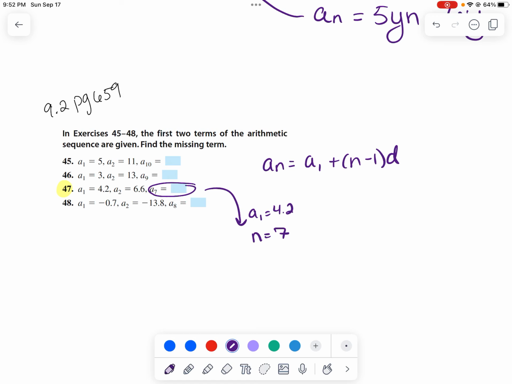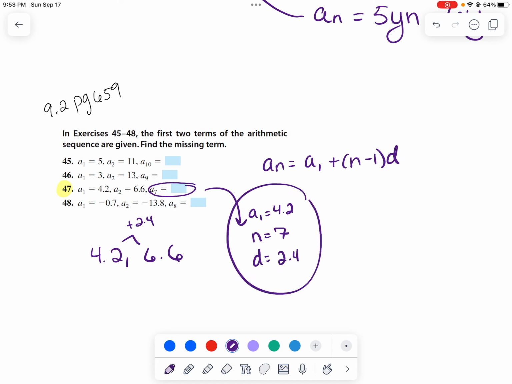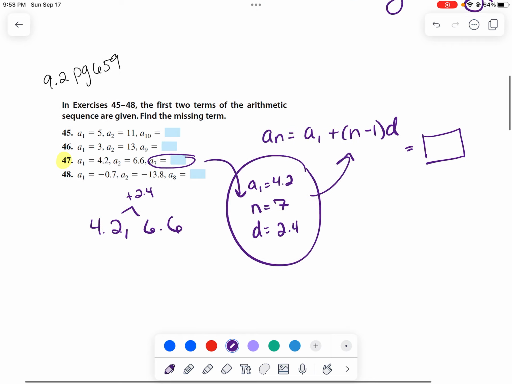And if a sub 2 is 6.6, then you have to figure out, okay, what is the common difference? So what did we do to get from 4.2 to 6.6? We added 2.4, right? So d is 2.4. So we would substitute all of this into your formula, and it's going to spit out just one value, okay?